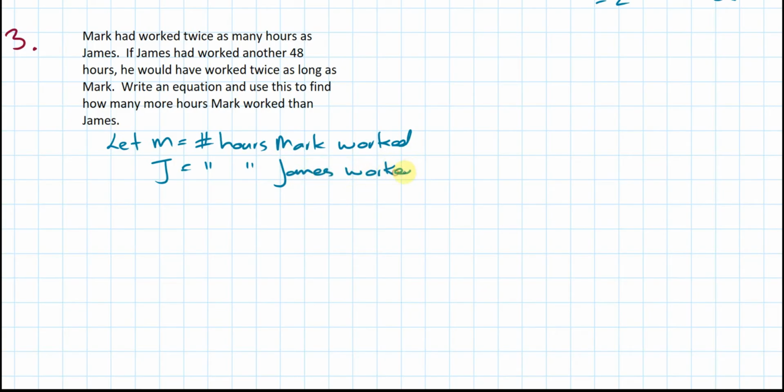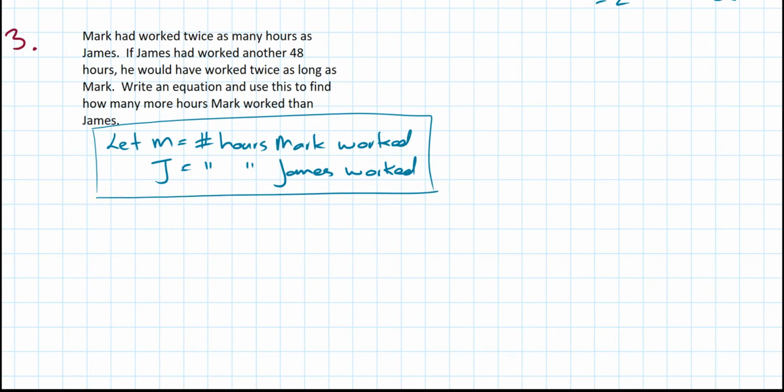Okay, so with these sorts of word problems, you should come up with your variables and just write a little key like that. So go back to the question. It says Mark had worked twice as many hours as James, so m is equal to twice j, so 2 times j.